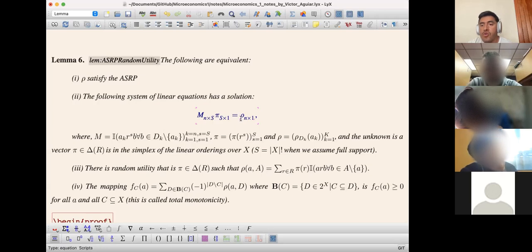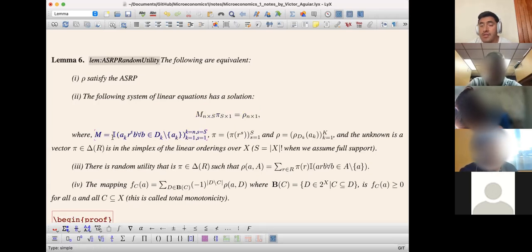And this is equal to rho of size n times 1. Now, M is this ones and zeros matrix, where the typical entry K,S is going to be equal to 1 whenever A_K, according to preference S, is better than all B in a menu D_K. Okay? So exactly what we did in the simple example on the iPad.